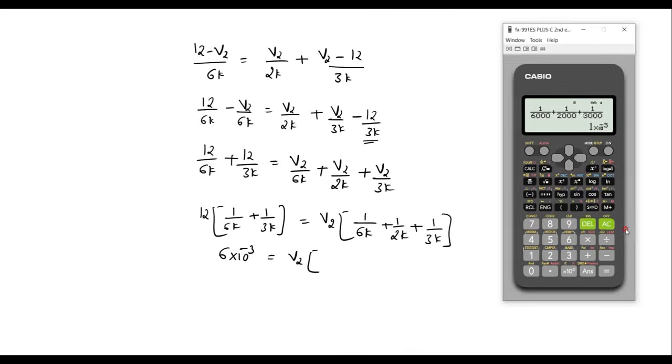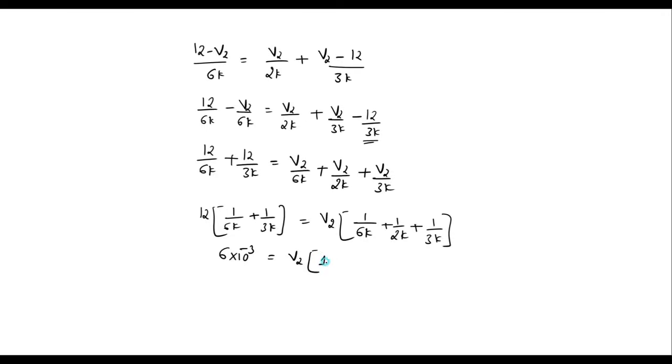So it gives 1 milli, which I can represent as 1 into 10 power minus 3. Simplifying this, 1 into 10 power minus 3 I will take on the left hand side. It will become V2 equal to 6 volts.